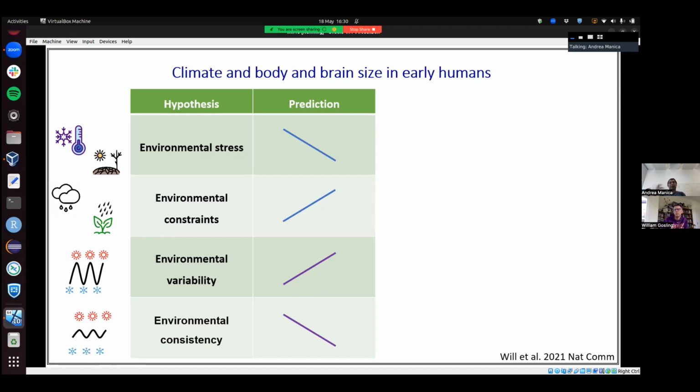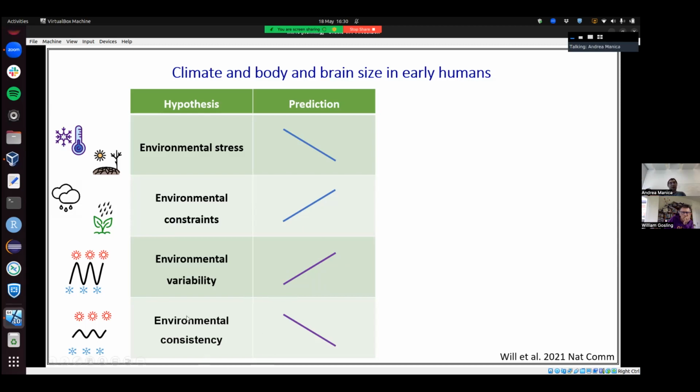So the stress here is not the absolute characteristic of the environment, but its variability, and therefore in a way its unpredictability over time. Whereas if you have an environment which is much more stable, you don't need to buffer, and so you can just get your optimal body and brain size to be smaller.